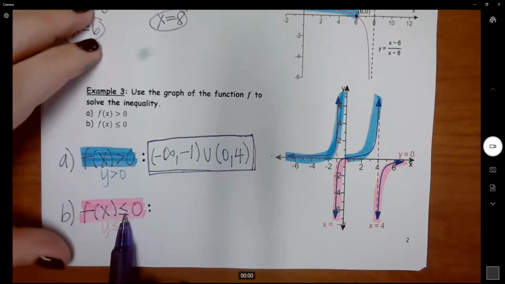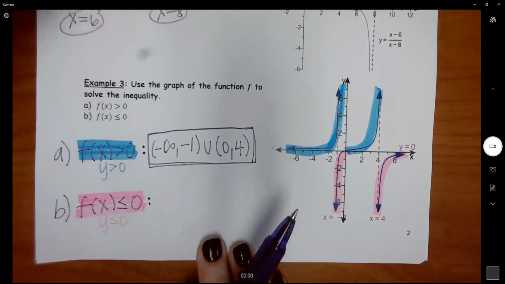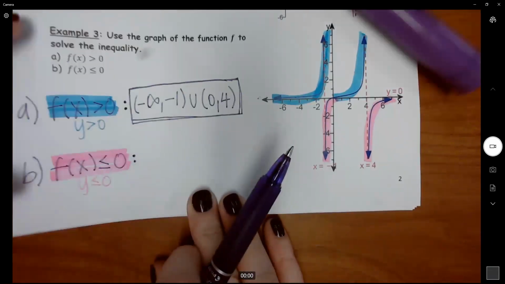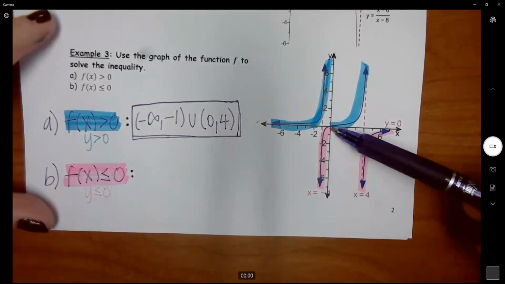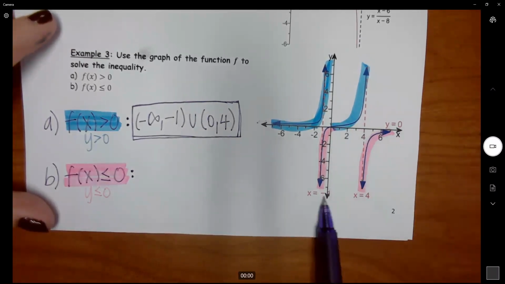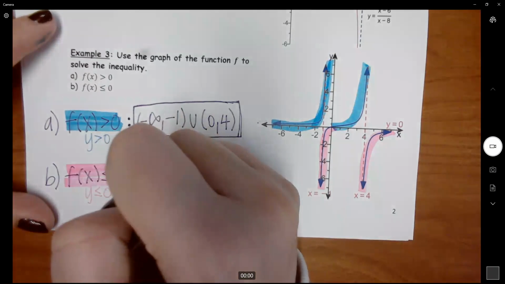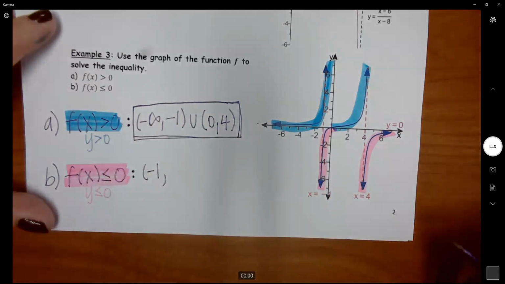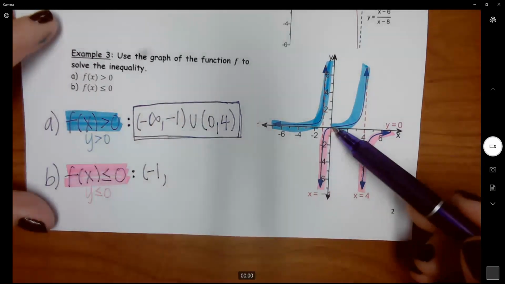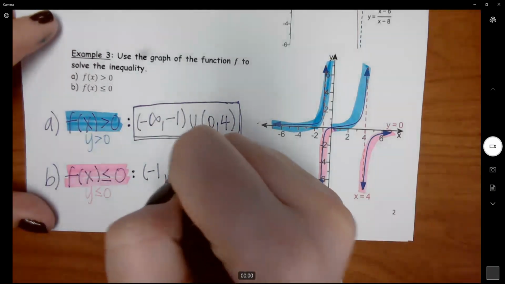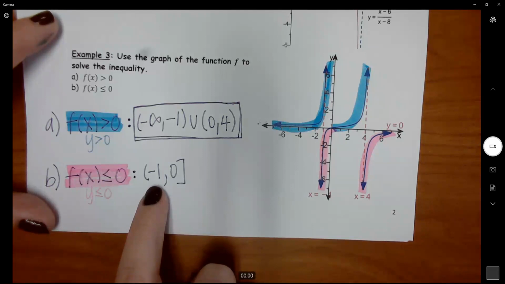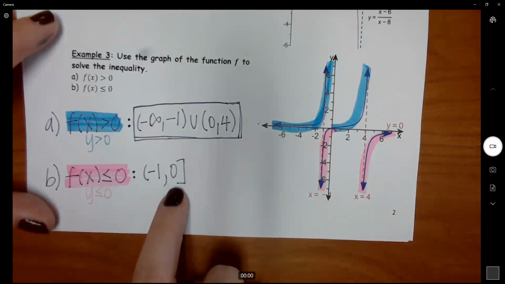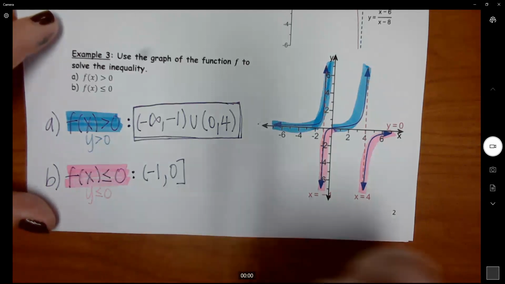Be careful with this or greater than or equal to portion for when we have asymptotes. This portion here starts with an asymptote at -1. So -1, 2, and then it comes all the way up here to 0. And 0 gets the bracket. No bracket here because of the asymptote, a bracket here because of the point.